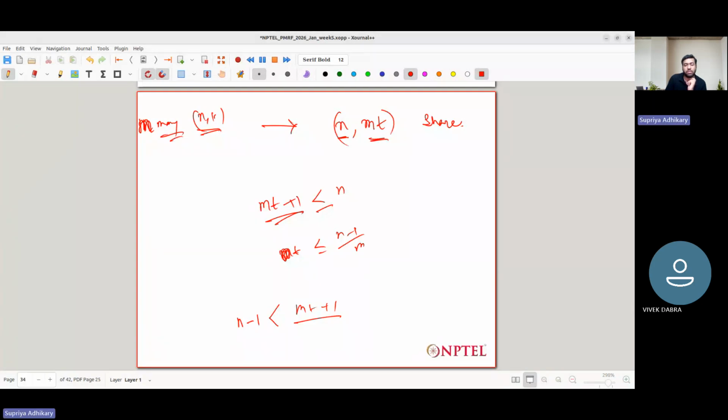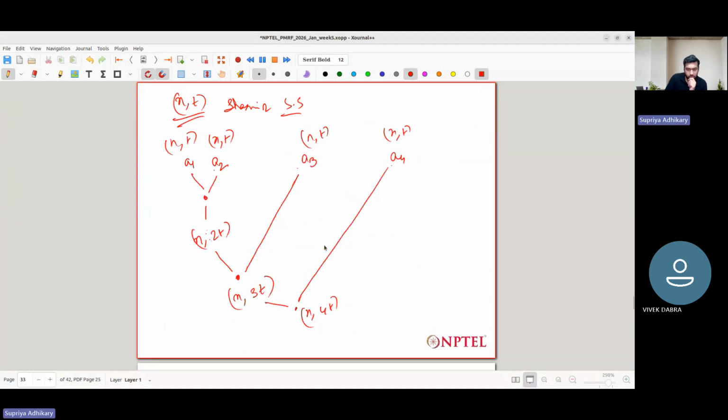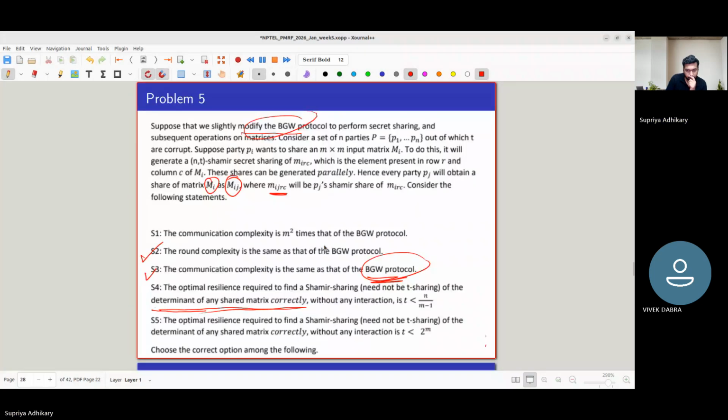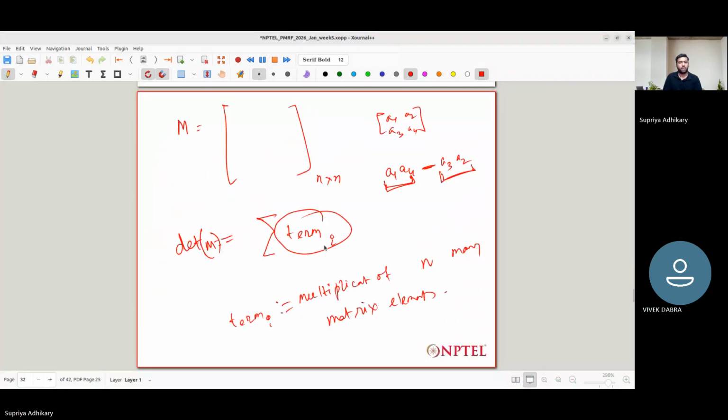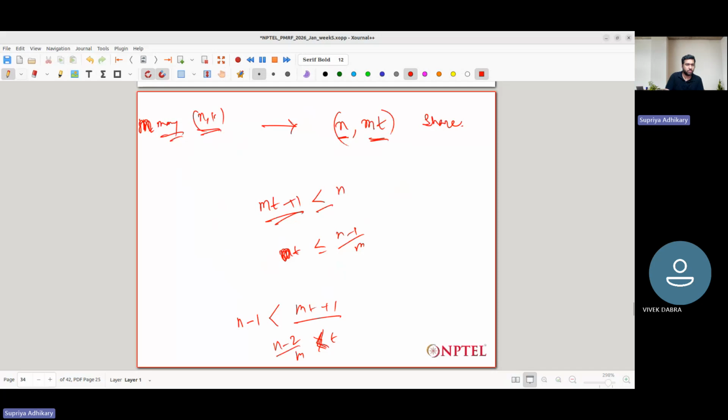It has to be greater than N minus 1. So N minus 2 over M, t. Sorry, less than t. No, it doesn't actually. Okay, anyway, there is some problem that I'm facing over here, but this is true.